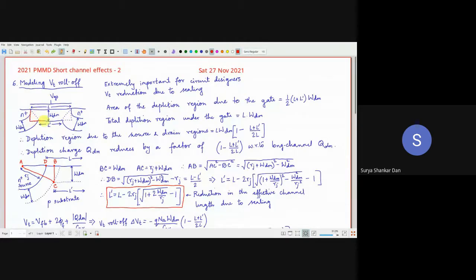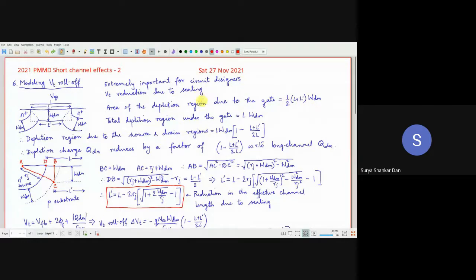This whole region is the total depletion region under the gate. The depletion region due to the gate control is this. So the depletion region due to the source and drain regions will be this quantity minus the area under the trapezoid.